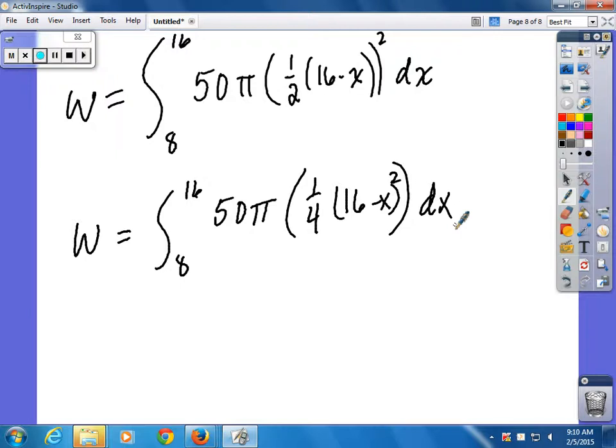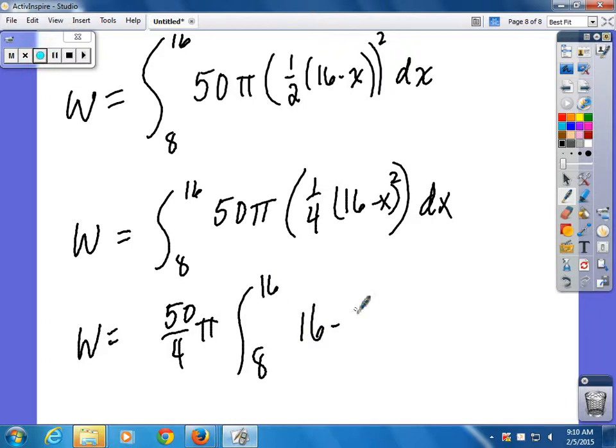And of course I can pull that out of that. So now W is equal to 50 pi, what's 50 over 4? No, that's what we said. 50 over 4 pi, antiderivative from 8 to 16 of 16 minus x quantity squared dx.